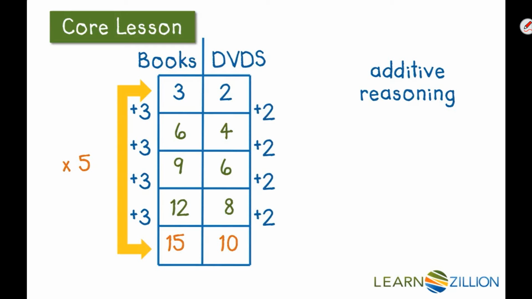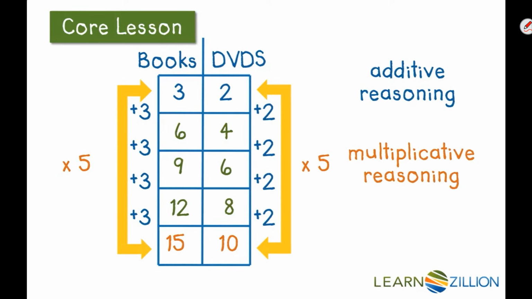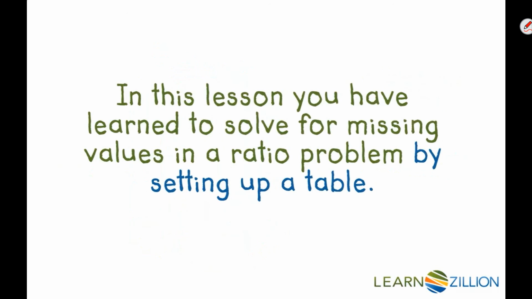We can do the same on the other side. 2 times 5 is 10. This idea is called multiplicative reasoning, and it's based on the same concepts as additive. Just like multiplication is faster than addition, multiplicative reasoning is faster than additive reasoning. In this lesson, you have learned to solve for missing values in a ratio problem by setting up a table.